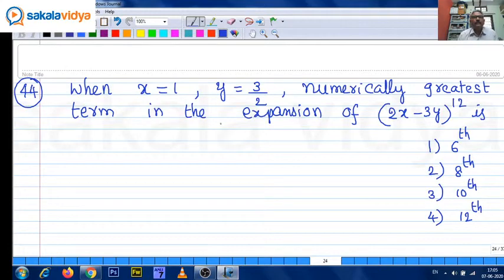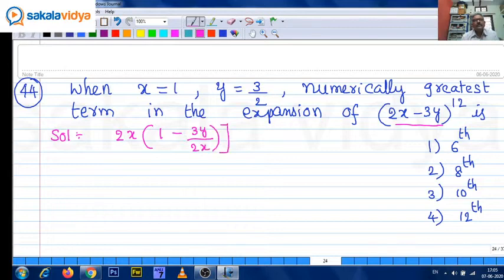So now solution. This (2x minus 3y) whole to the power of 12 needs to be put in the form of (1 plus x) or (1 minus x) whole to the power of n. So let us take 2x common so that we can write (1 minus 3y by 2x) raised to 12.